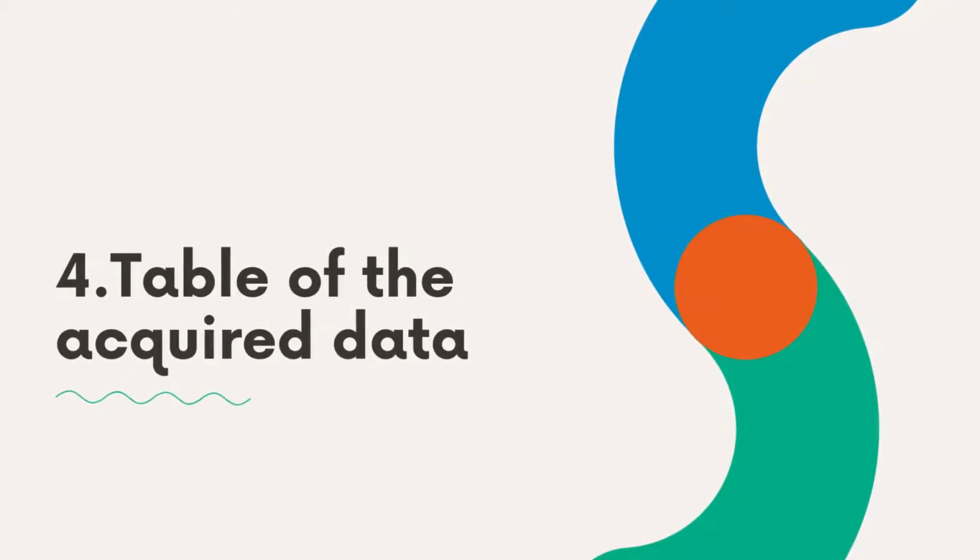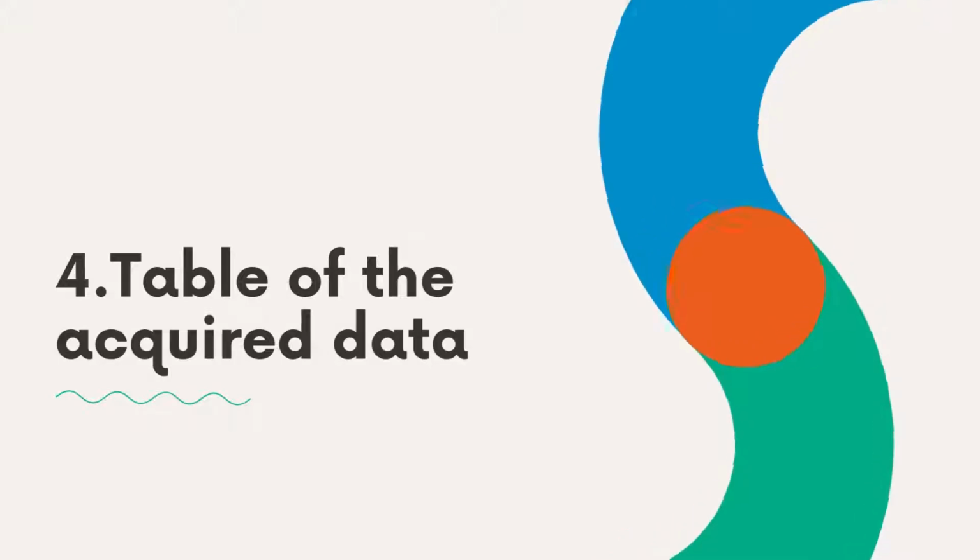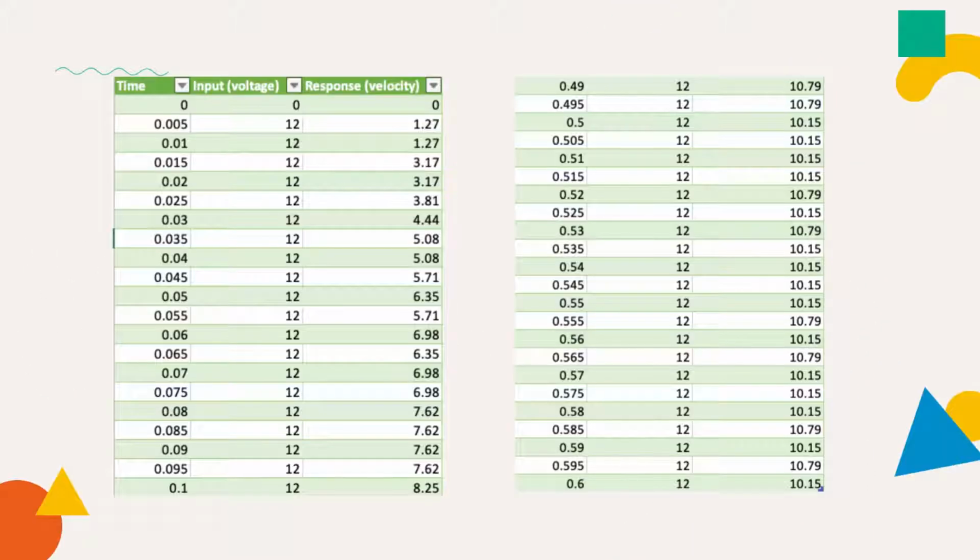Now we're going to talk about part number 4, which corresponds to the table of the acquired data. As we can see, the table is arranged in 3 columns. The first one corresponds to the time, which is 600 milliseconds divided in samples of 5 milliseconds.